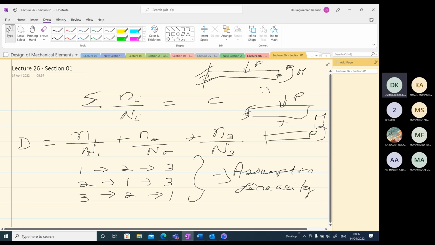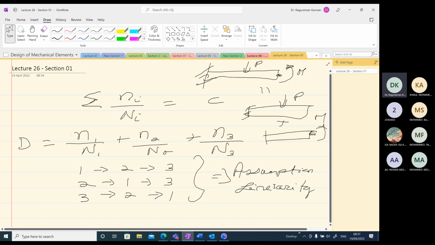In the same way here, I can find the damage for cycle 1, damage for cycle 2, damage for cycle 3, and add them up together. So this is the superposition principle. We have unknowingly applied the superposition principle, and therefore linearity is assumed.